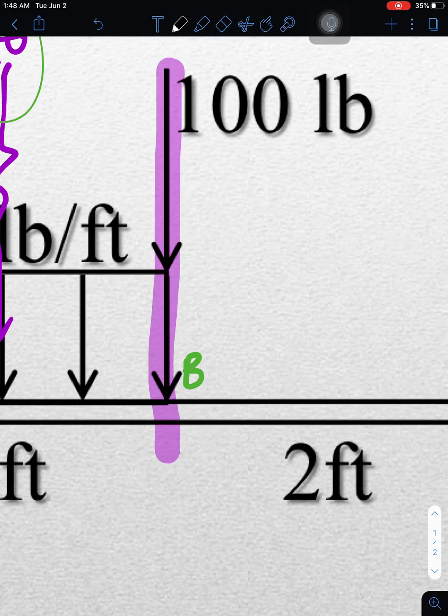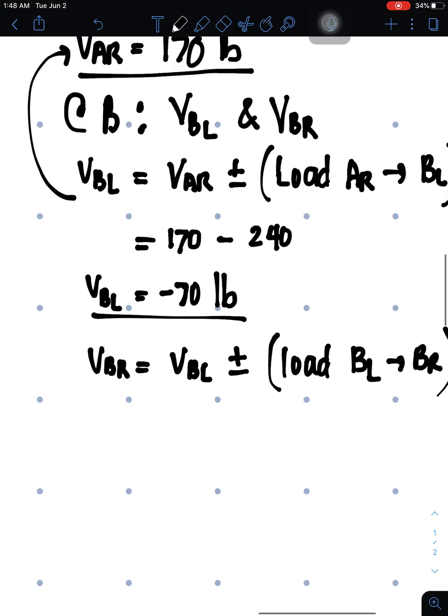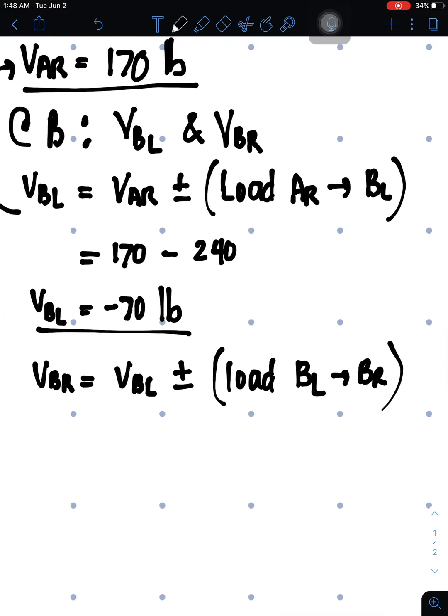You have 100 pounds and that is downward. So we put it in the load, where the load is downward, 100. Okay, so let's write it.